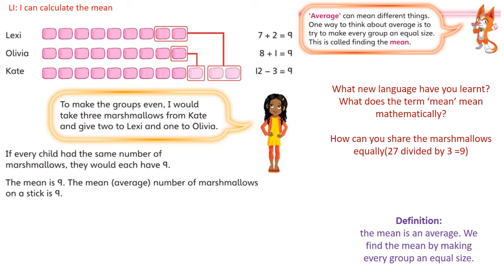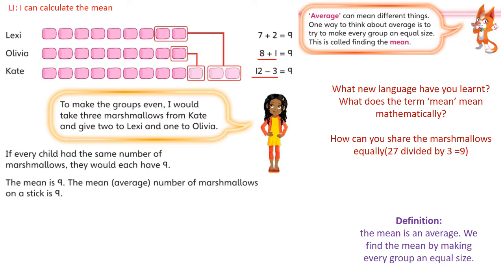So if Katie gives 2 of her marshmallows to Lexi and 1 of her marshmallows to Olivia, then we can say that they all have an equal amount. So 7 plus 2 equals 9, 8 plus 1 equals 9, and 12 minus 3 all equals 9.